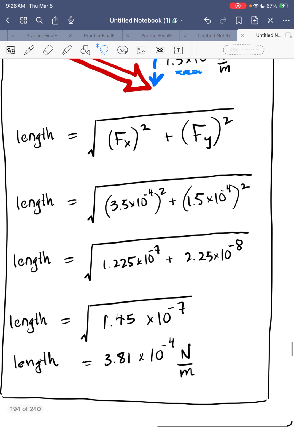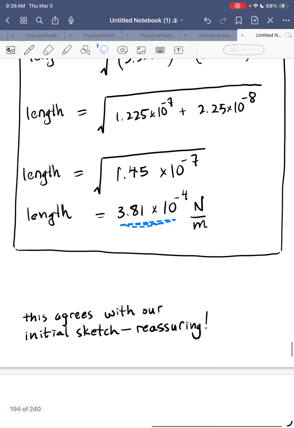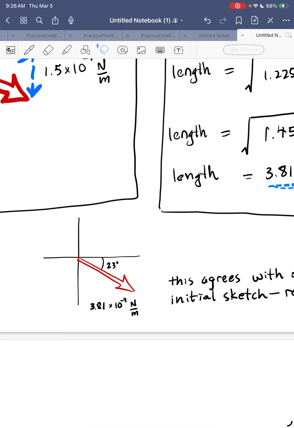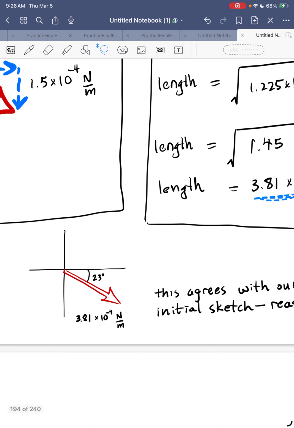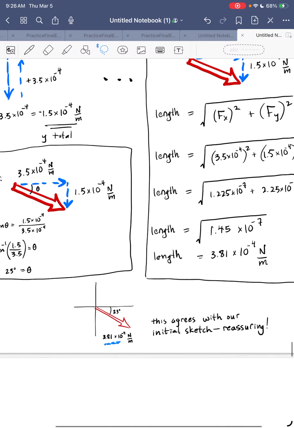And if I'm careful to copy everything down properly in my calculator and go all the way through, take the square root of it, I get 3.81 times 10 to the minus 4th newtons per meter. And now I can basically look at this and say, here's the resultant vector. It should be tilted down 23 degrees from the positive x-axis and have a length roughly like that. And like I said, that roughly agrees with our initial sketch.